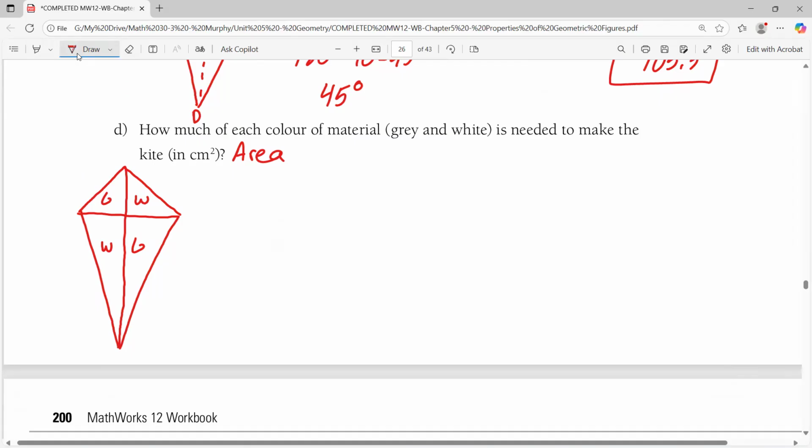Now, what I'm going to do is calculate the area of each big triangle. So I'm going to get the area. I'm going to call it area 1, and it will be the top chunk.